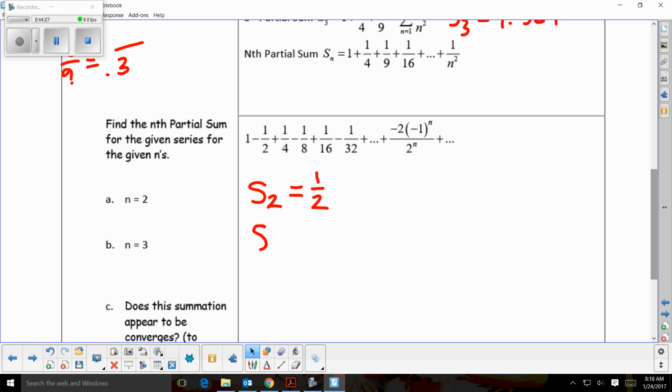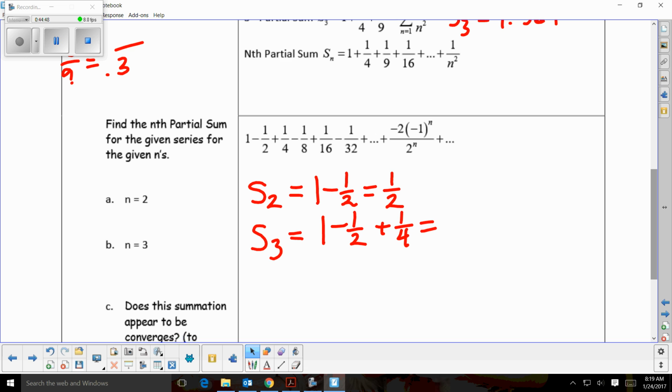So S of 2 would be the first and the second terms. S of 3 is going to be the first, the second, and now the third.